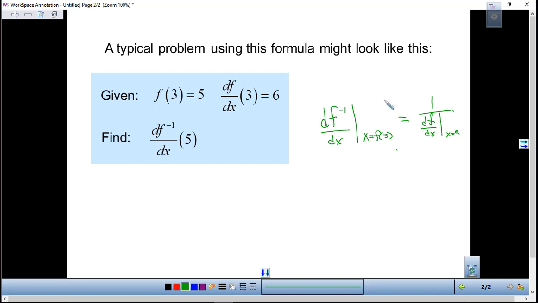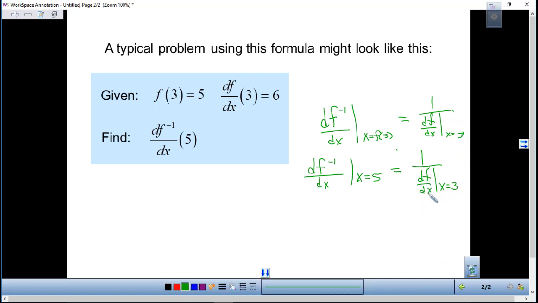So that means, in this situation, that df inverse dx when x equals 5 is equal to 1 over df dx when x equals 3.